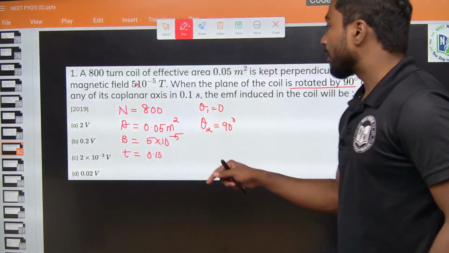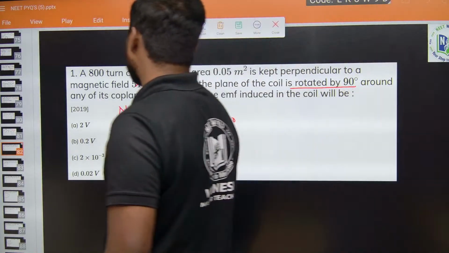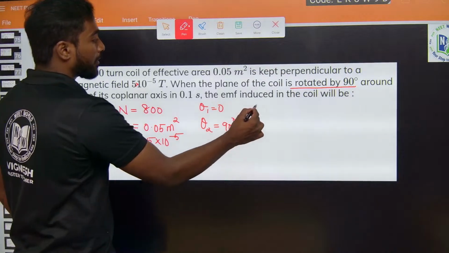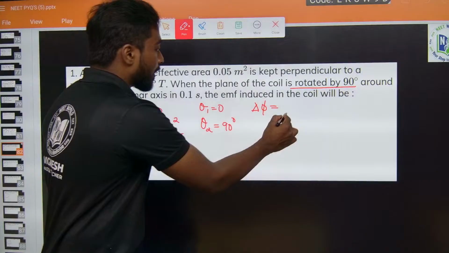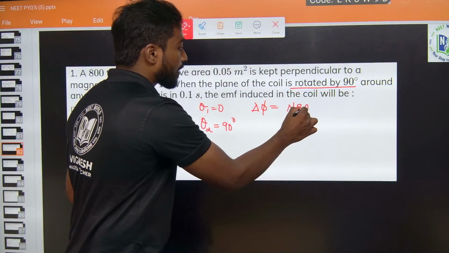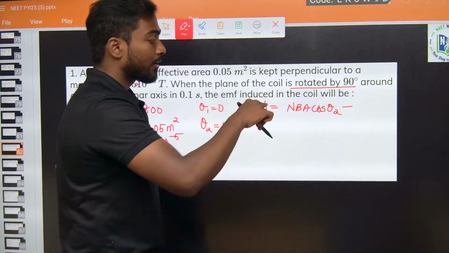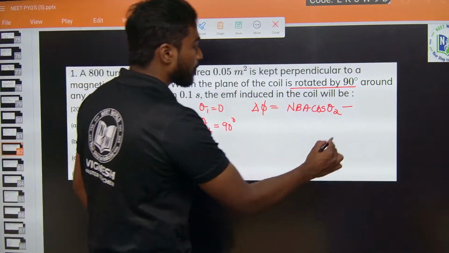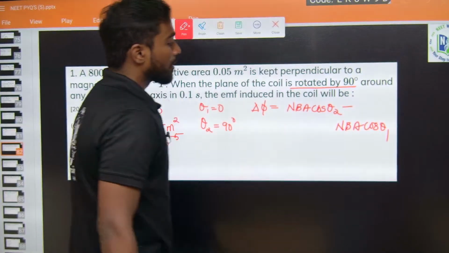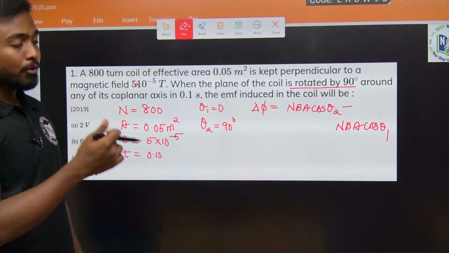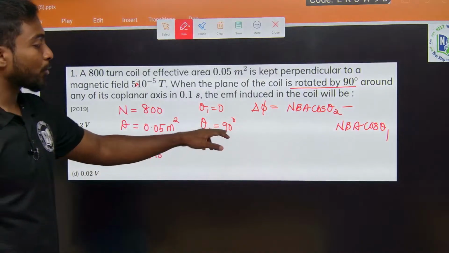So, if I find delta phi, I can use the formula to get the value of E. So, delta phi is nothing but NBA cos theta 2 minus NBA cos theta 1. So, if I see here now cos theta 2, it is 90 degree, initially it was 0 and it has been rotated to 90 degree.